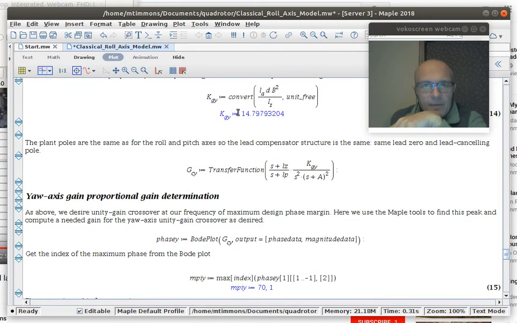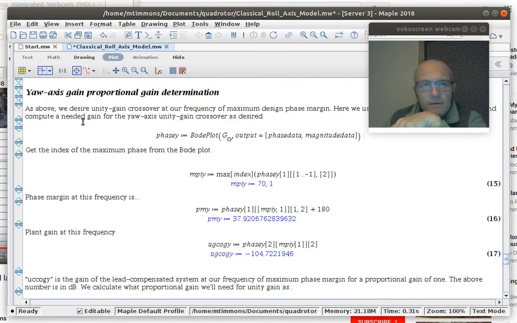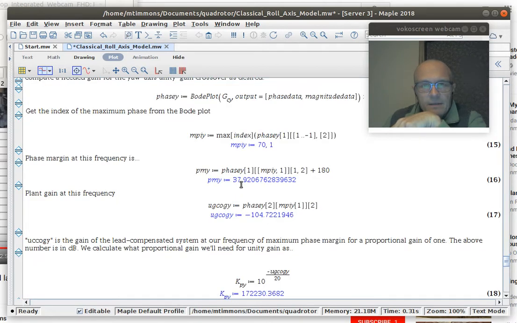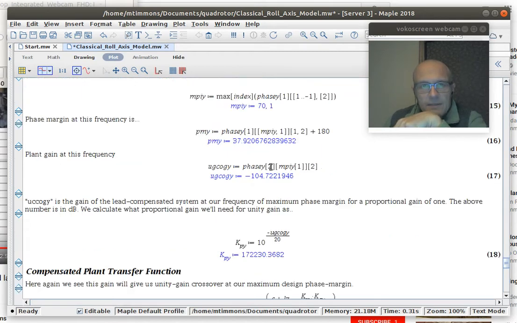So we have a different plant gain, and therefore the same process for determining the plant gain at that point of maximum phase margin, and from there determine a proportional gain value for the yaw axis, and that's this rather large number here.